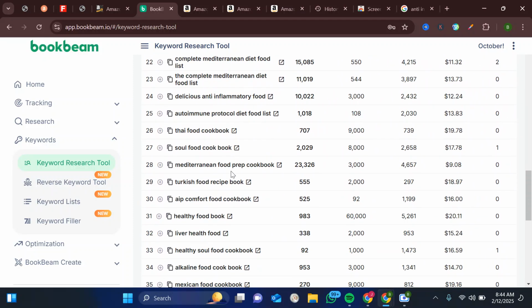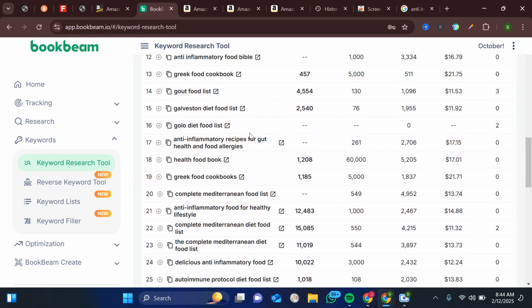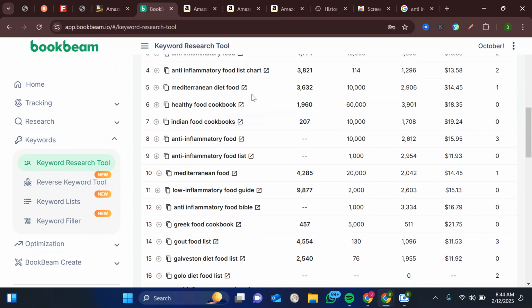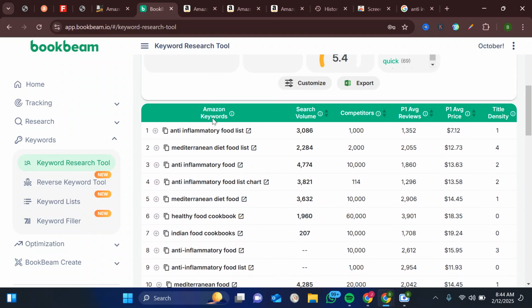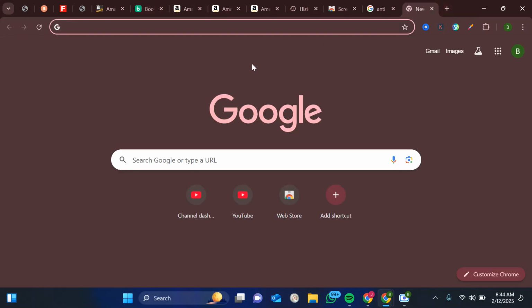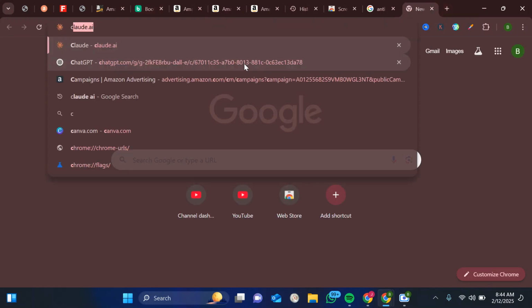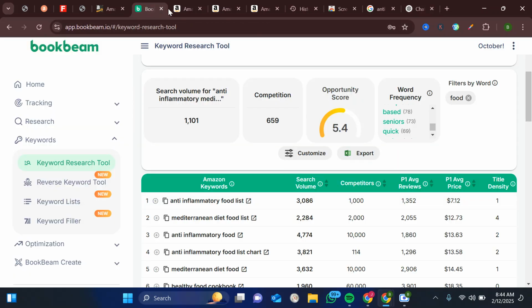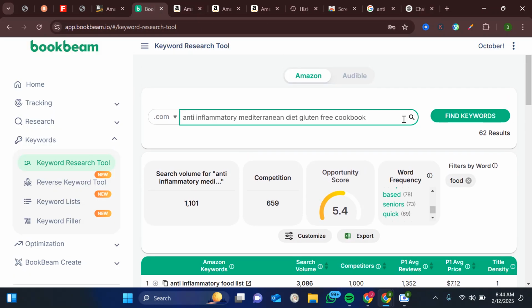So this is how I do my own keyword research. If I don't just take all the word phrases and the keyword, then I'll find a way to mix them together, and you can give them to ChatGPT and tell it to make a single title. For instance, let's go like this.